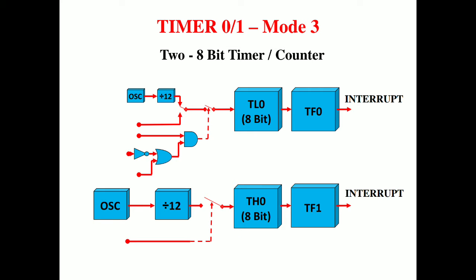So TR0 and TF0 are used by the TL0 timer, and TR1 and TF1 are used by the TH0 timer.